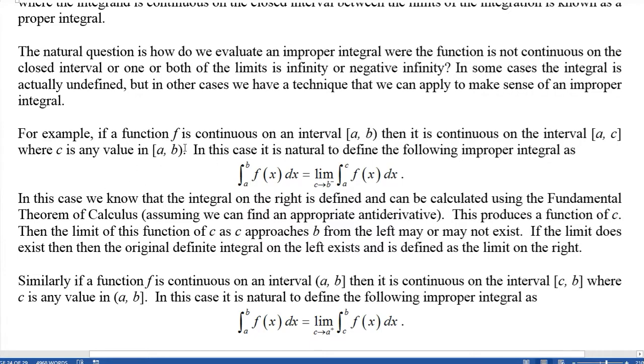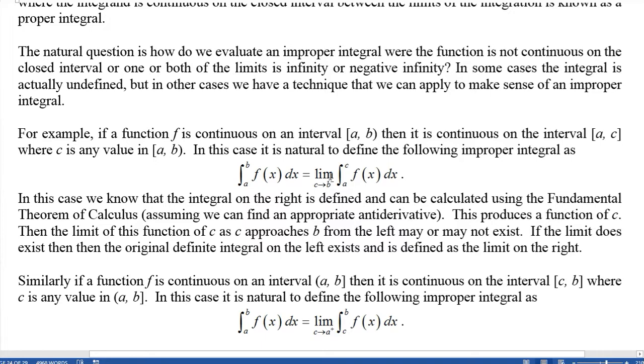So if c is any number in the interval from a to b, including a, not including b, something between a and b there, then the function is continuous on that closed interval. Then, if you take the integral from a to c of f of x dx, that integral is defined for those c's.